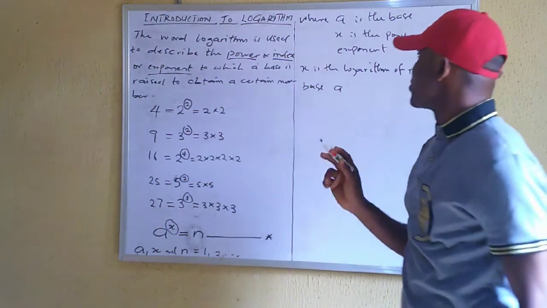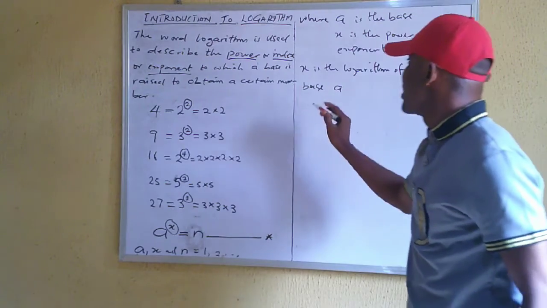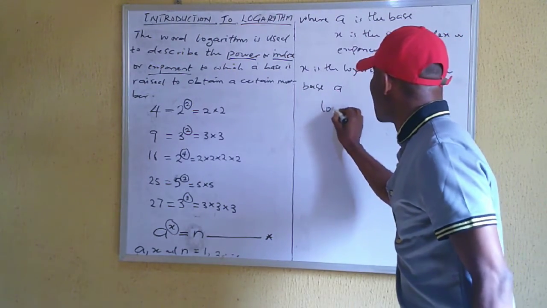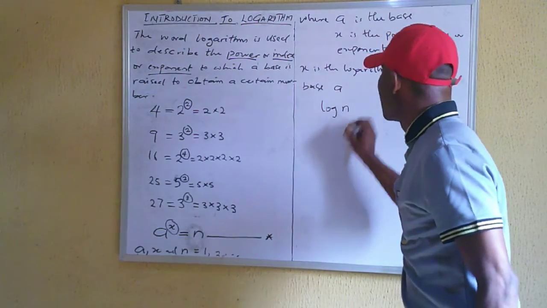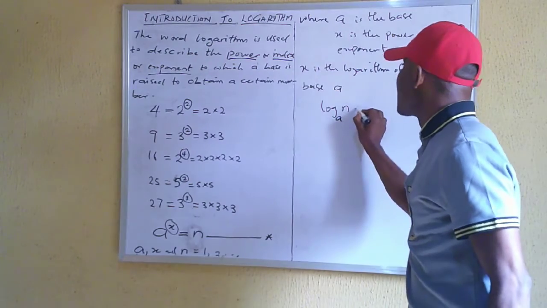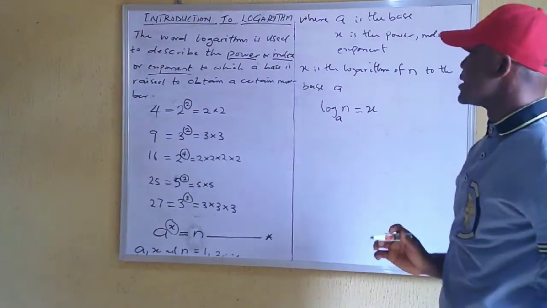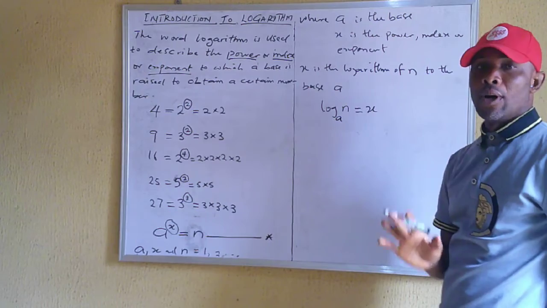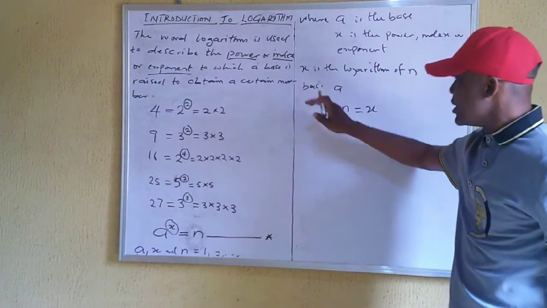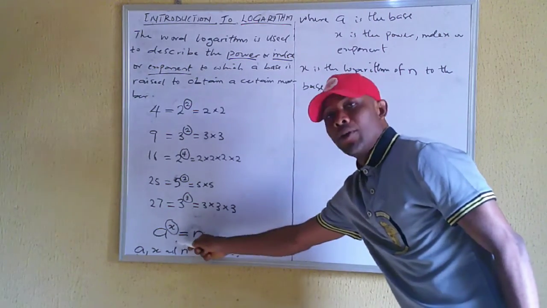Changing this to logarithm form, we have the logarithm of n to base a is equivalent to x. This is the simple form of the generalized term of logarithm.